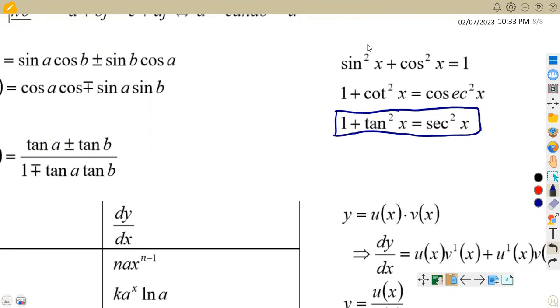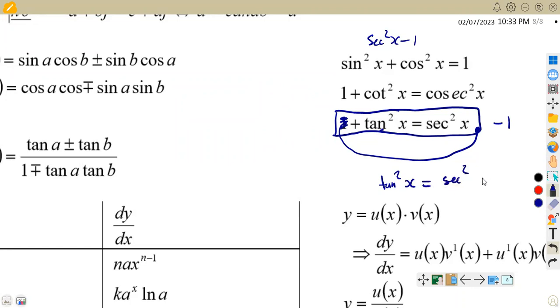But there it was written as sec squared x minus 1. So what happened? We simply transposed 1 to the right-hand side, and it became minus 1. So if we transpose 1 here, we remain with tan squared x, which is equivalent to sec squared x minus 1.